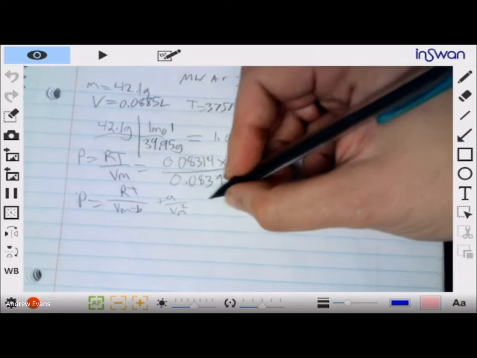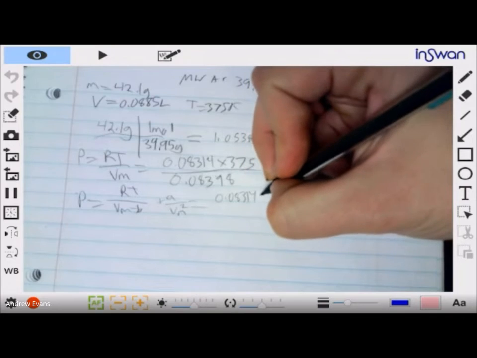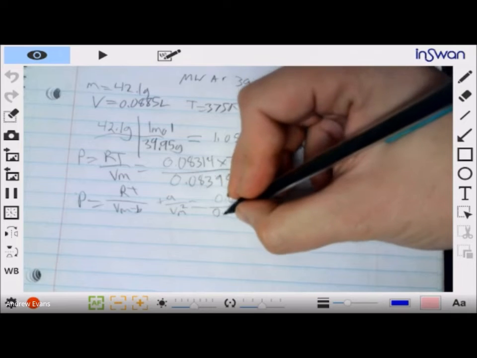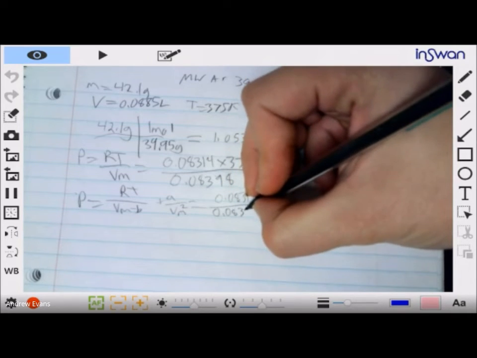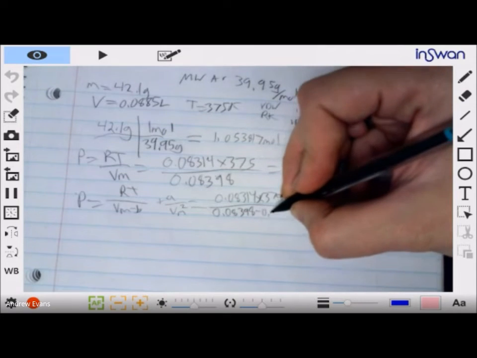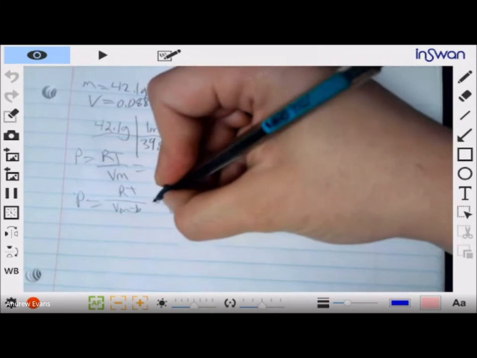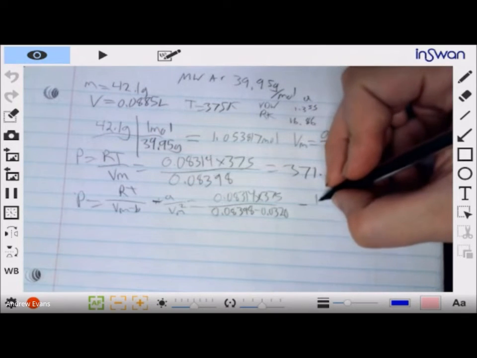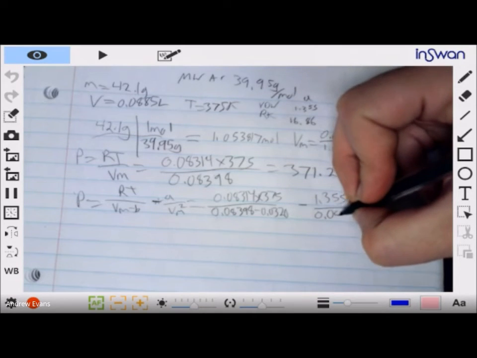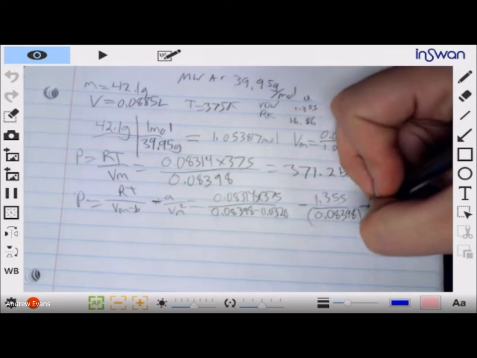So in this case, 0.08314 times 375 over 0.08398 minus 0.0320, minus 1.355 over 0.08398 squared.